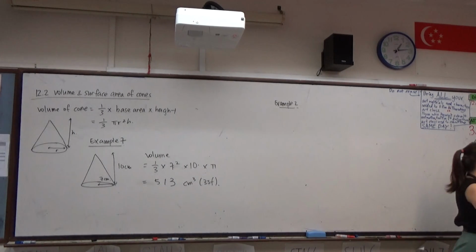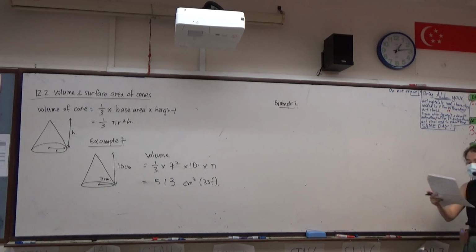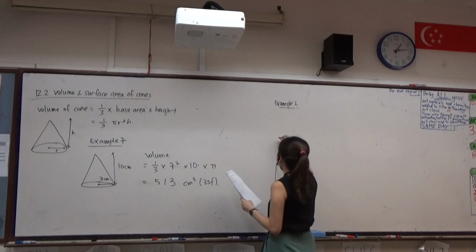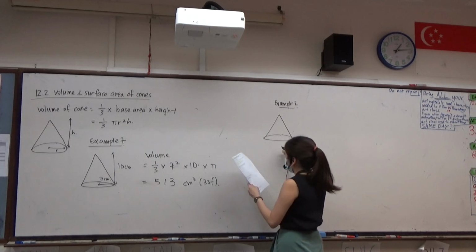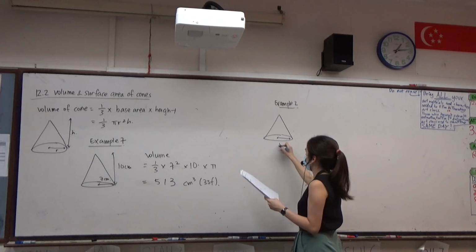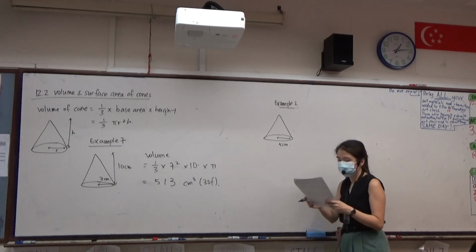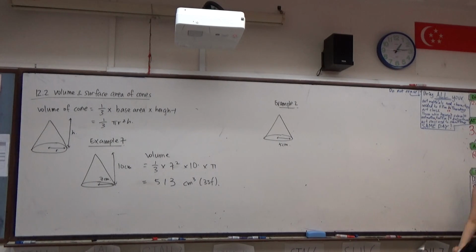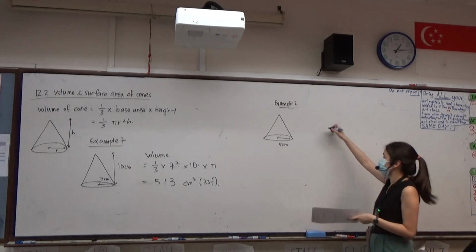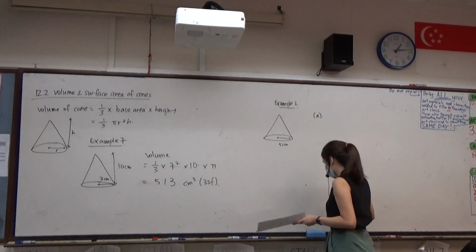There's no diagram given to you. It says a solid cone has radius 5 cm, volume 524 cm cube. If you like, you can draw your own diagram if you need to understand the questions in diagram form. Radius 5 cm at the bottom. In part A we want to find the height of the cone.